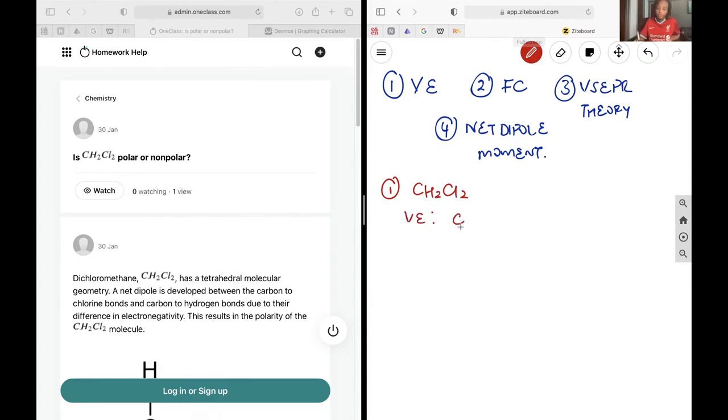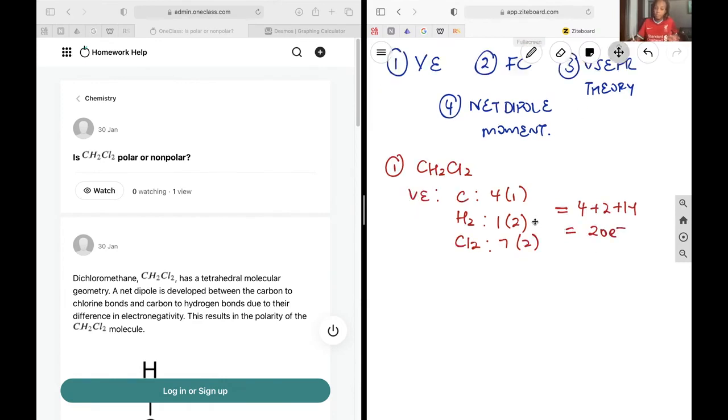For my valence electrons, I have C, which is contributing 4 valence electrons per carbon, hydrogen, which is contributing 1 valence electron per hydrogen, and chlorine, that is contributing 7 valence electrons per chlorine. So for these ones, I multiplied it by 2 because I have 2 chlorines and I have 2 hydrogens. All of this is going to give me 4 plus 2 plus 14. And that's going to give me a total of 20 electrons to place.